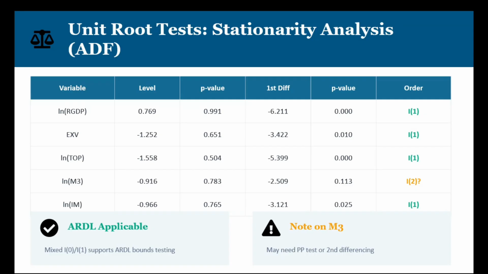But yesterday we saw this variable was stationary, right? But look at the first difference. All the variables are becoming significant except this one. This one will need to be I(2), not I(1).